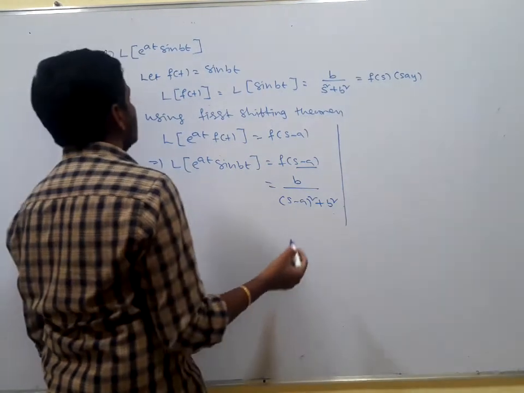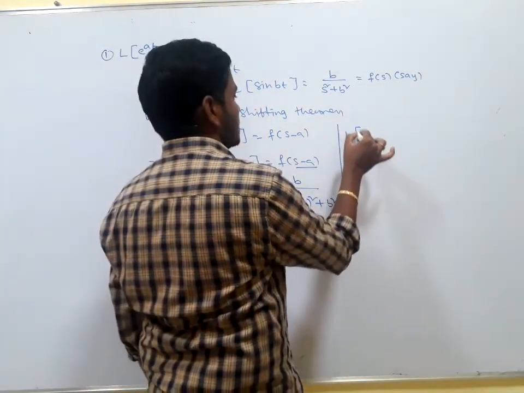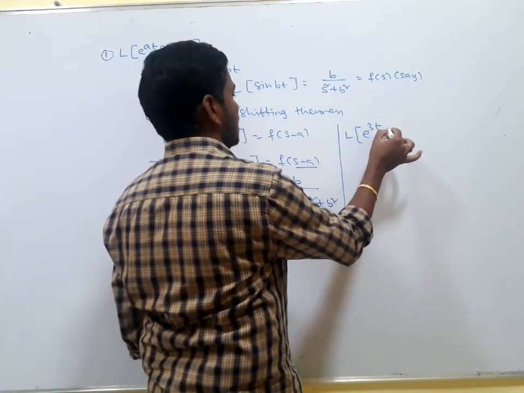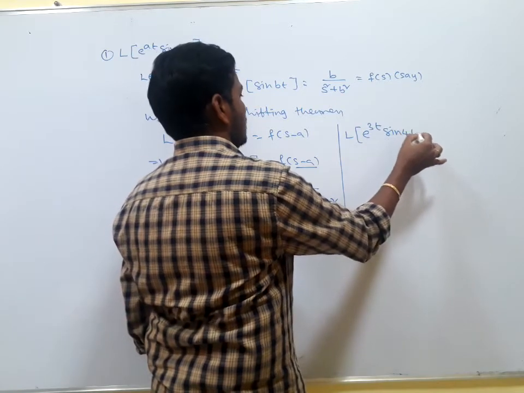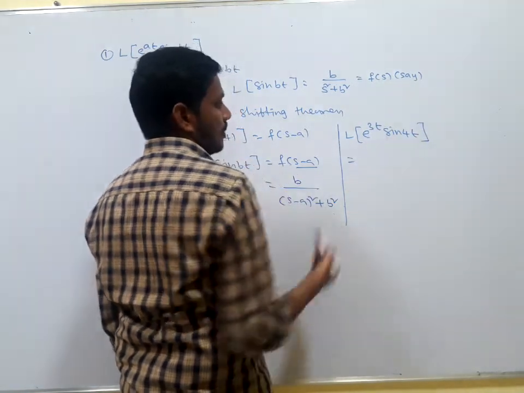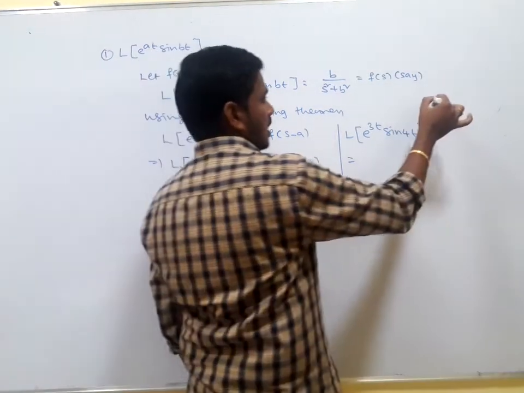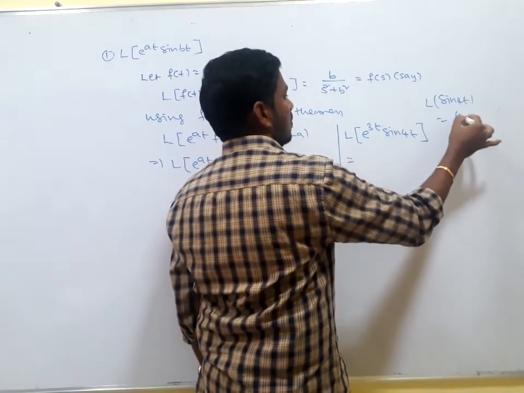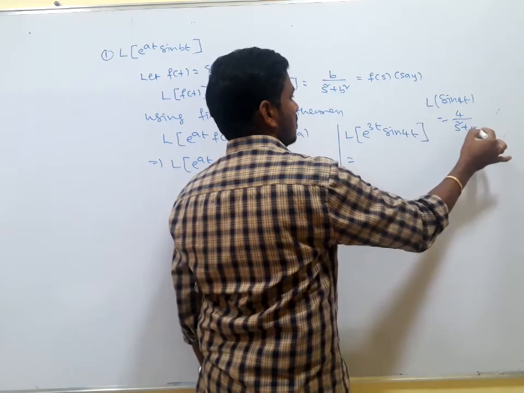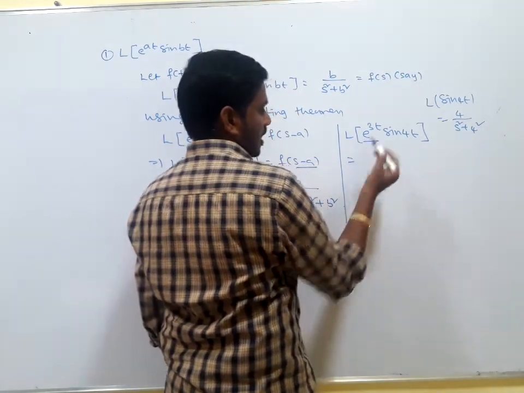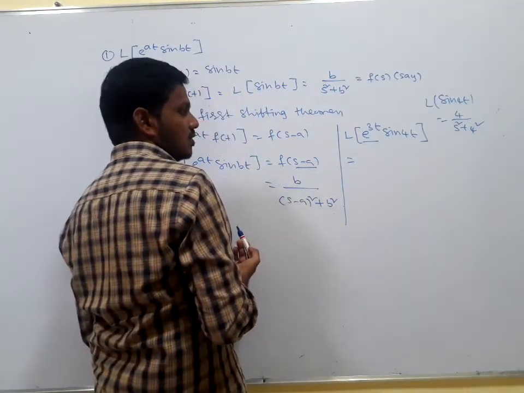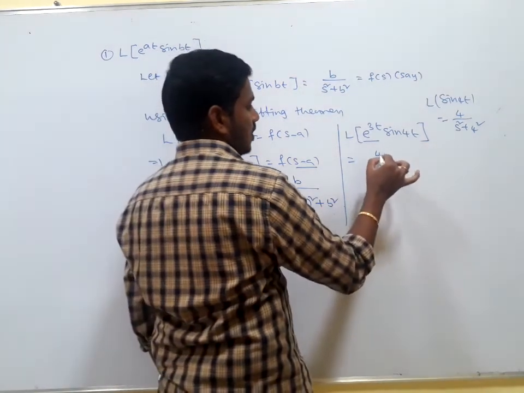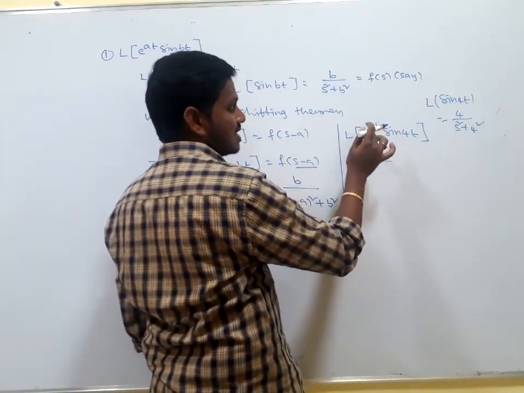In the same way, suppose in general I take the Laplace transform of e to the power of 3t into sin 4t. What are you going to write? You know that the Laplace transform of sin 4t is equal to 4 divided by s square plus 4 square. It is combined with e to the power of 3t, so by using the first shifting theorem, s is replaced by s minus 3 here.